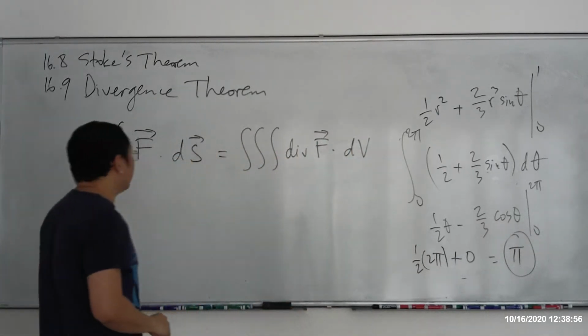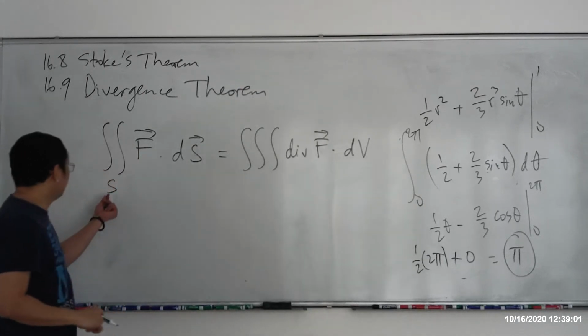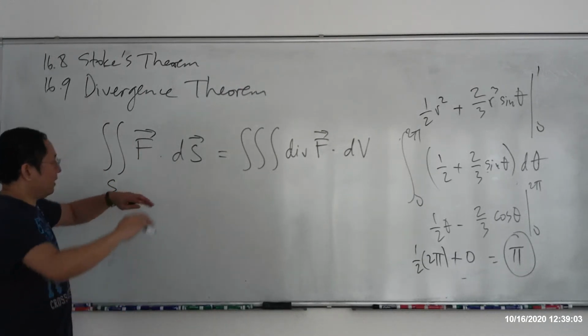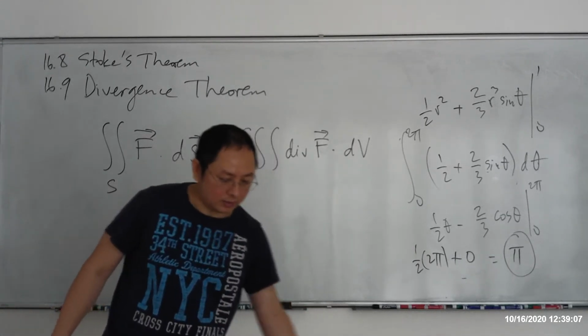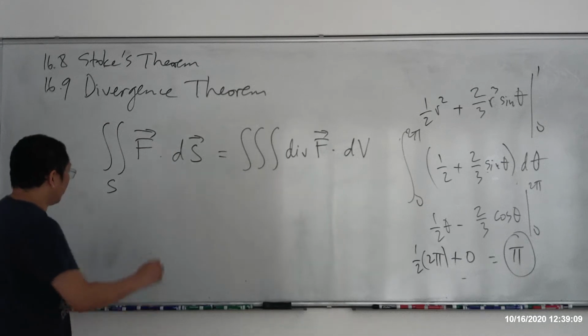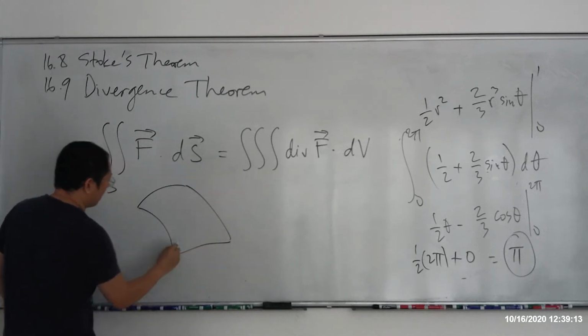And the condition for the divergence theorem to apply is that the surface S is the surface of an enclosed solid region. You cannot use the divergence theorem if the surface S is like this, because it's not enclosed.